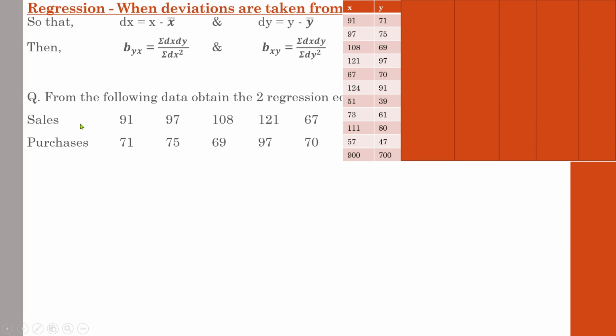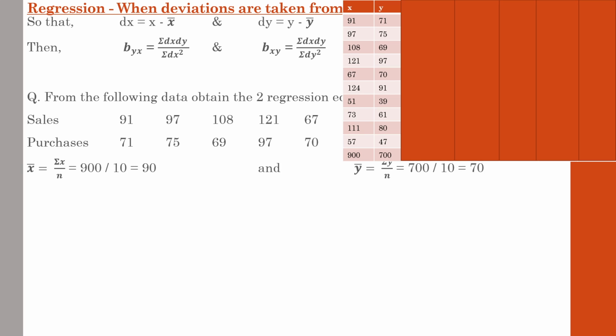Here x determines the details regarding sales, and y depicts the details regarding purchases, and we have already found the total of x and y. I hope you know why we have taken the total of x and y, because for regression, whether it is an assumed mean case or an actual mean case or whatever the case may be, you need to identify the mean of x as well as mean of y.